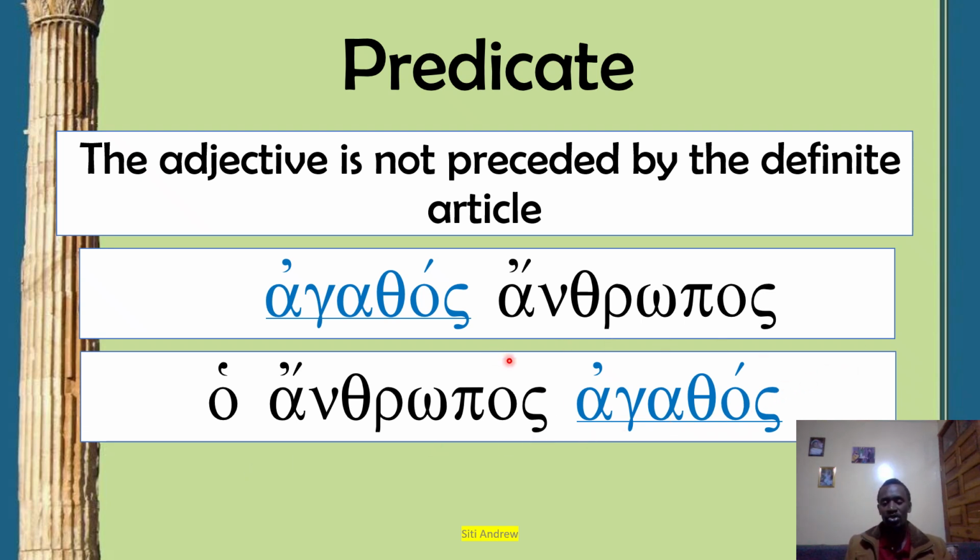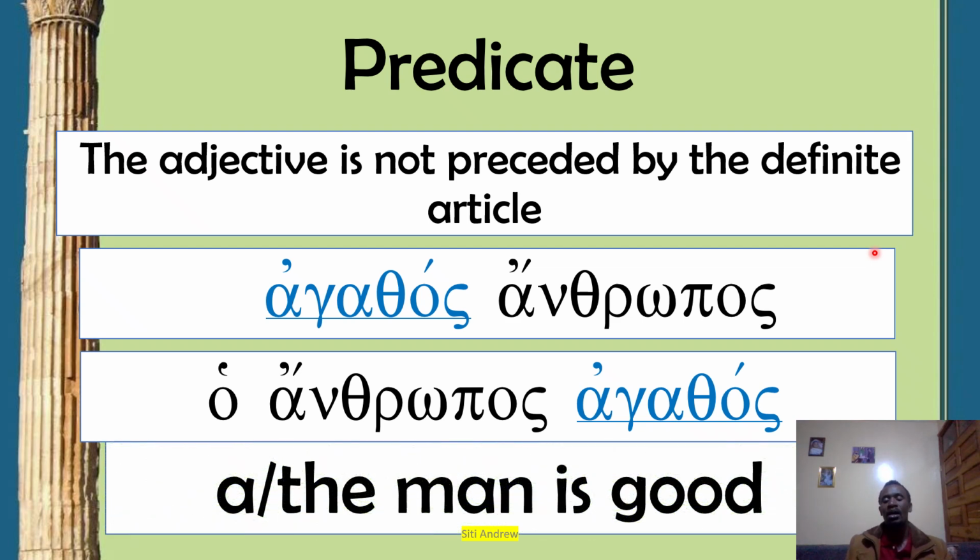So whether it's agathos anthropos or anthropos agathos, in both ways, you see that the adjective is not preceded by the definite article. So this one is translated as, you can say, a man, or the man is good.